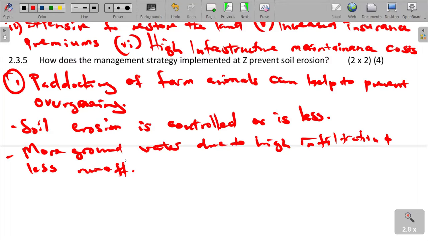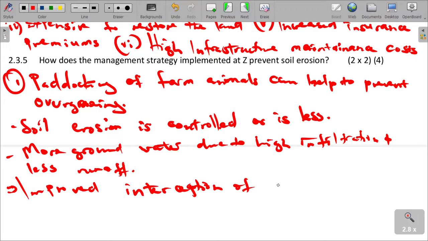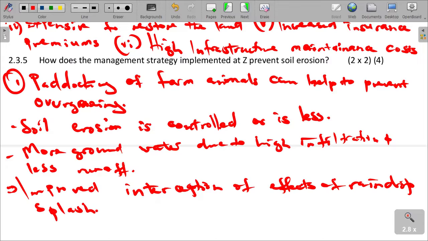We also have increased interception of raindrop splashing, improved interception of the effects of raindrop splashing, hence reducing soil erosion. The impact of erosion is reduced.